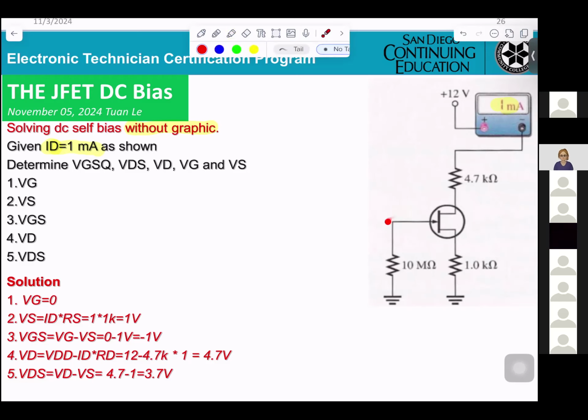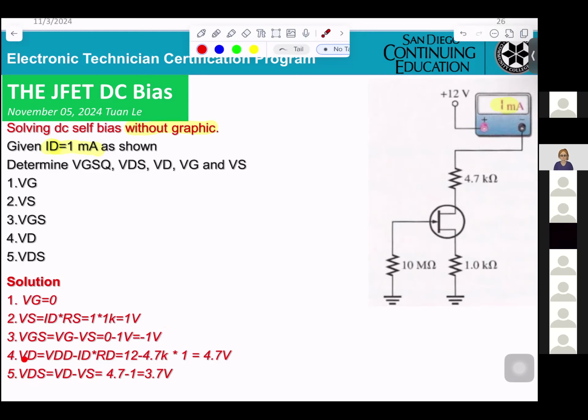That means the voltage here is 0. If you want to calculate the Vs, Vs will be equal ID times Rs. And now VGS, basically VGS equal VG minus Vs. VG is 0, Vs is 1 volt, so the answer will be minus 1 volt.